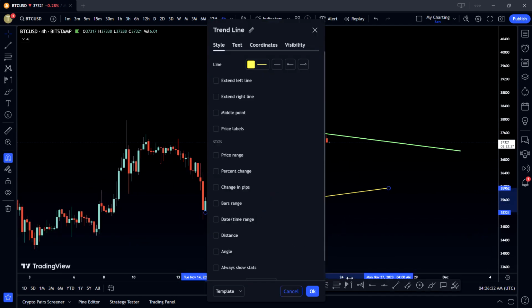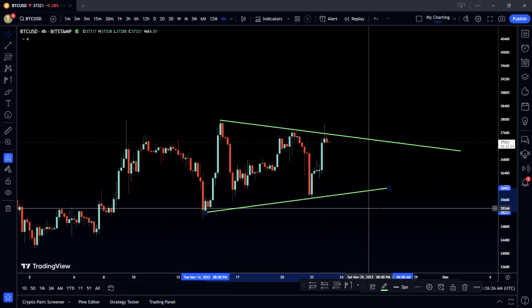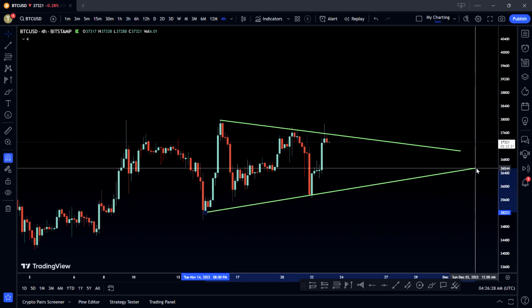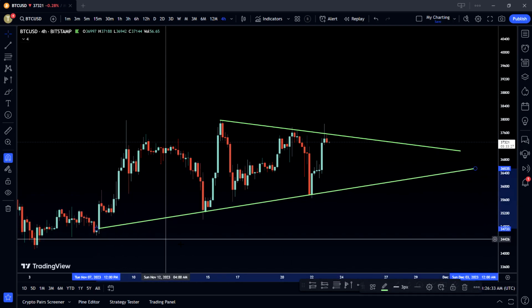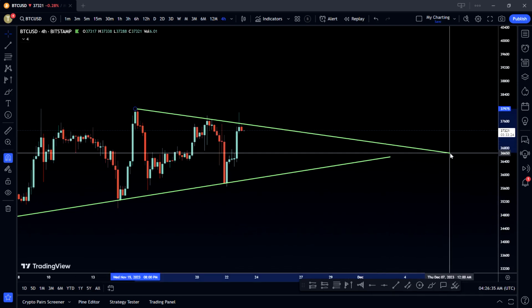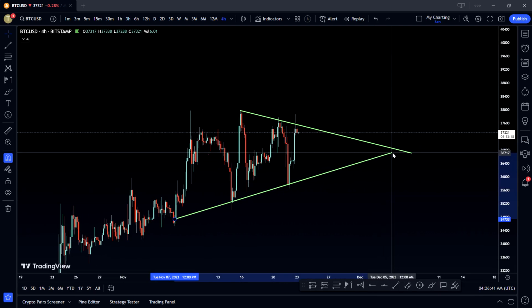And I don't like them, so personally I like to put my triangles. You can decide the thickness of your lines if you like. I know some people prefer really thick lines. That's fine.